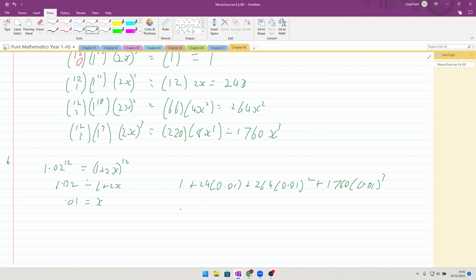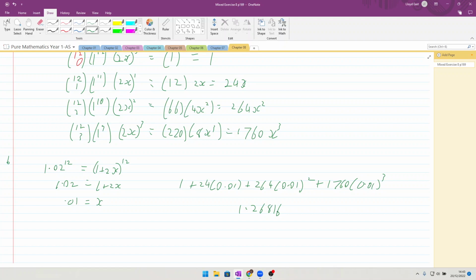Okay, and so when we put that all in, we get 1.26816. There we go. Question B.